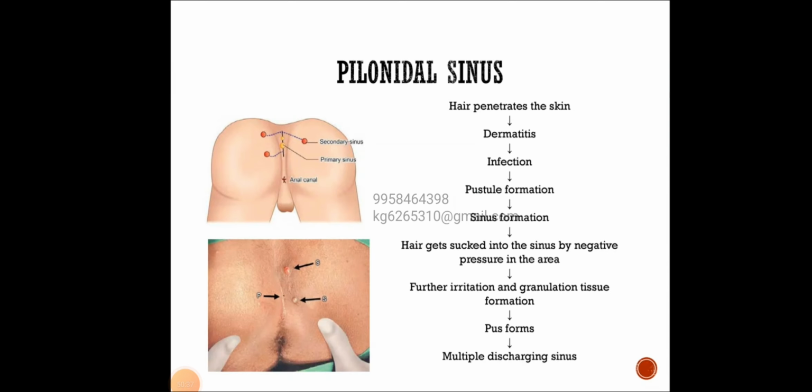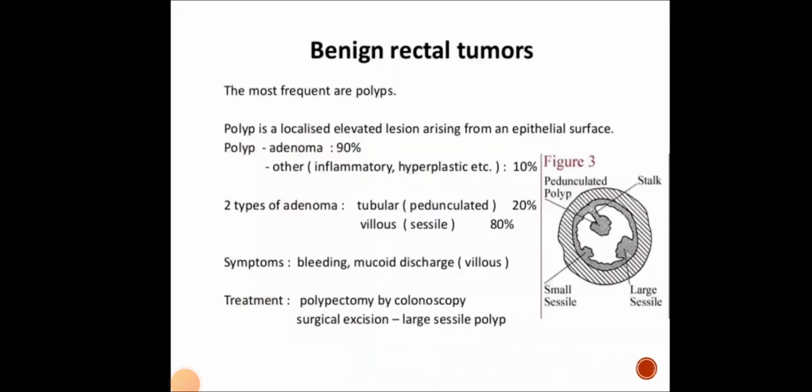Different kinds of excision techniques are described, but ultimately we have to break open the sinus, remove the tract, and the entire tract can be excised and proper wound healing ensured. With proper antiseptic solution packing, we have to keep it open, and proper dressing can be done to ensure healing. So that is the essential treatment for pilonidal sinus.